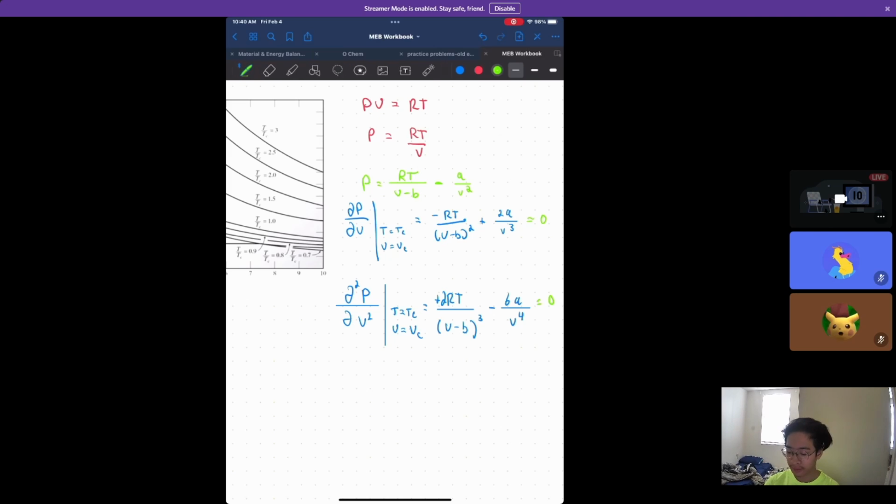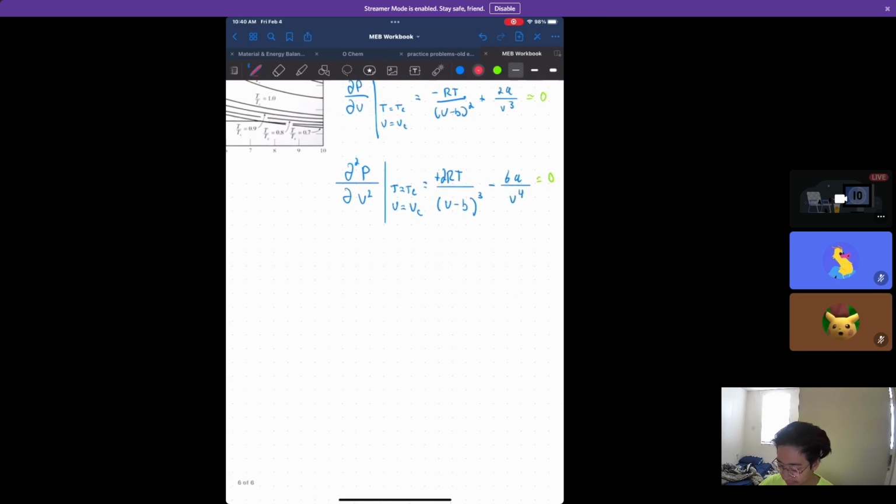Now, because this expression is equal to 0, we can set this expression equal to that expression. So, let's do that. We're changing color. We can say that RT over (V minus B) quantity squared is equal to 2a over V cubed.